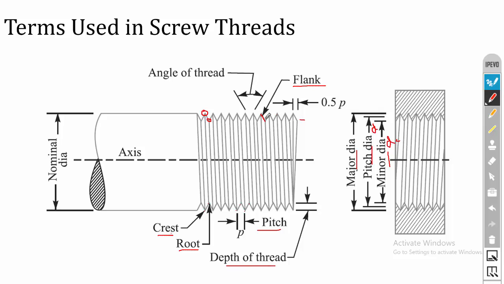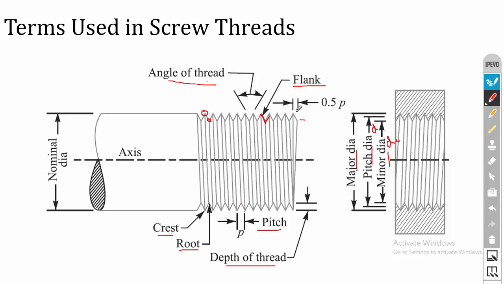The angle between two adjacent flanks is called the angle of thread. We have a V-like profile for the flank, and the angle of thread will be around 40 to 60 or 65 degrees based on the standard.